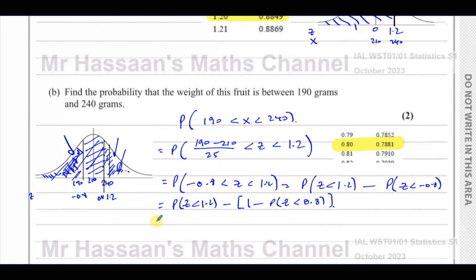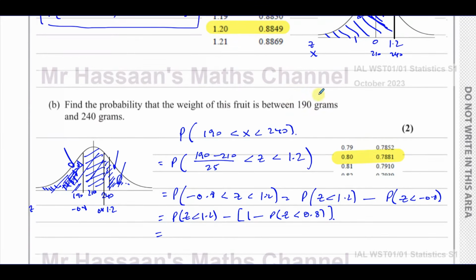So we know that this is, as we found earlier, 0.8849 minus, and this area we know is going to be 1 minus the probability that z is less than 0.8, which is 0.7881.